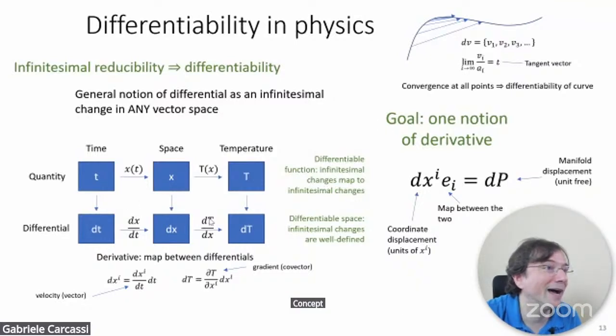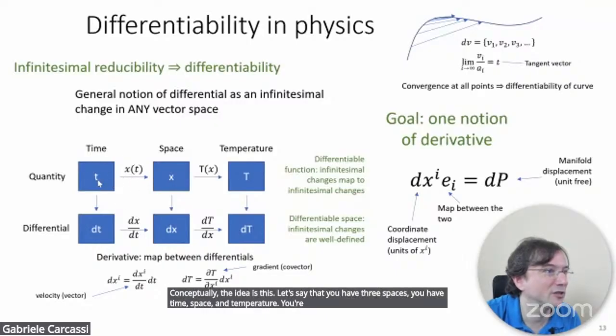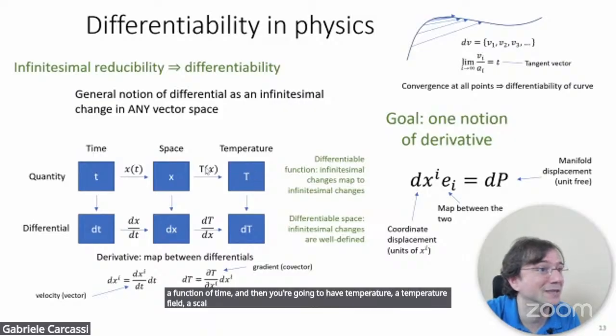Conceptually, the idea is this. Let's say that you have three spaces: time, space, and temperature. You're going to have a trajectory, which is space as a function of time. And then you're going to have a temperature field, a scalar field, which is the temperature as a function of the position.